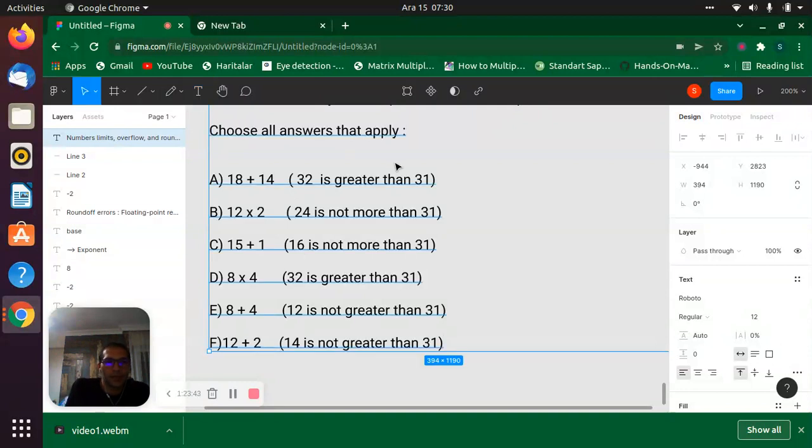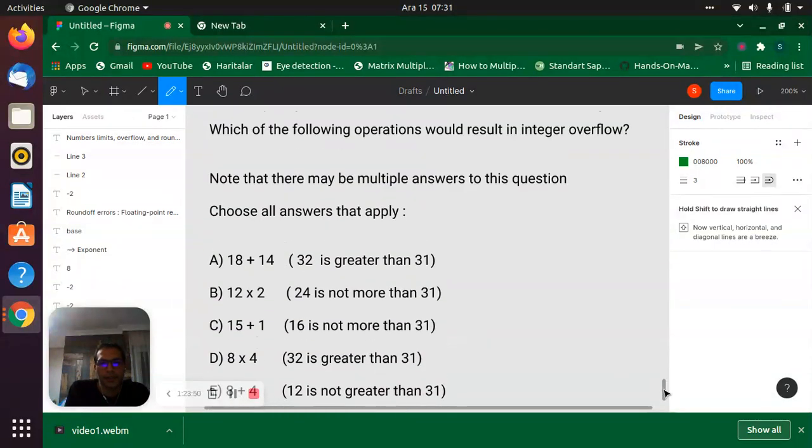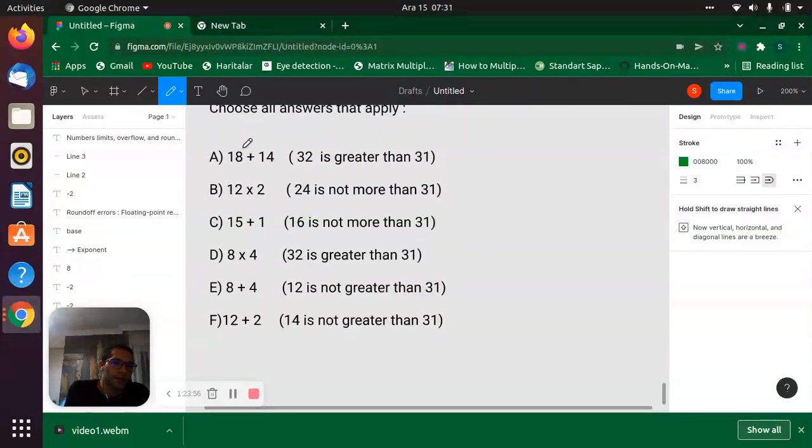So I will take my pencil. They are looking for integer overflow. Is there integer overflow here? Yes, because 32 is greater than this number. This one is 24, there is no overflow, and this one also has no overflow. 16, 32, we have overflow again.